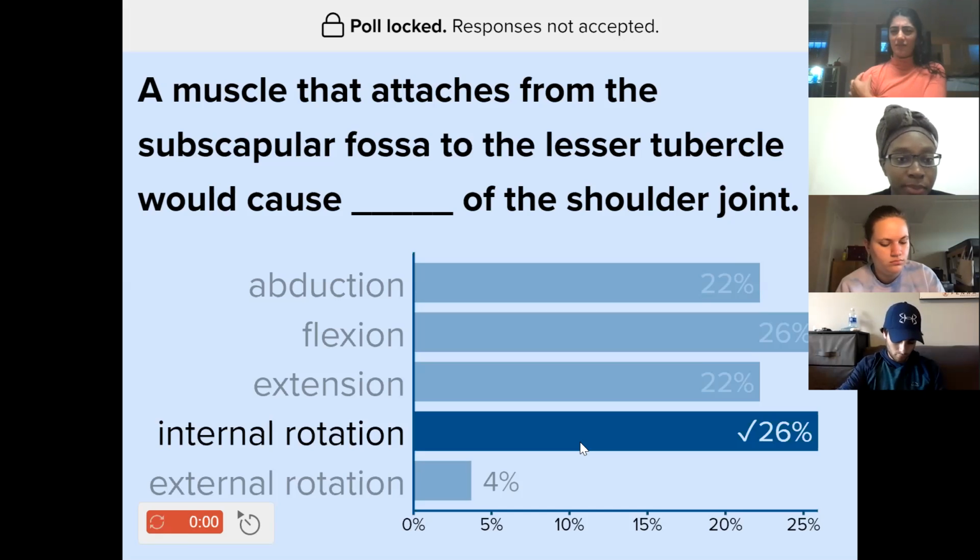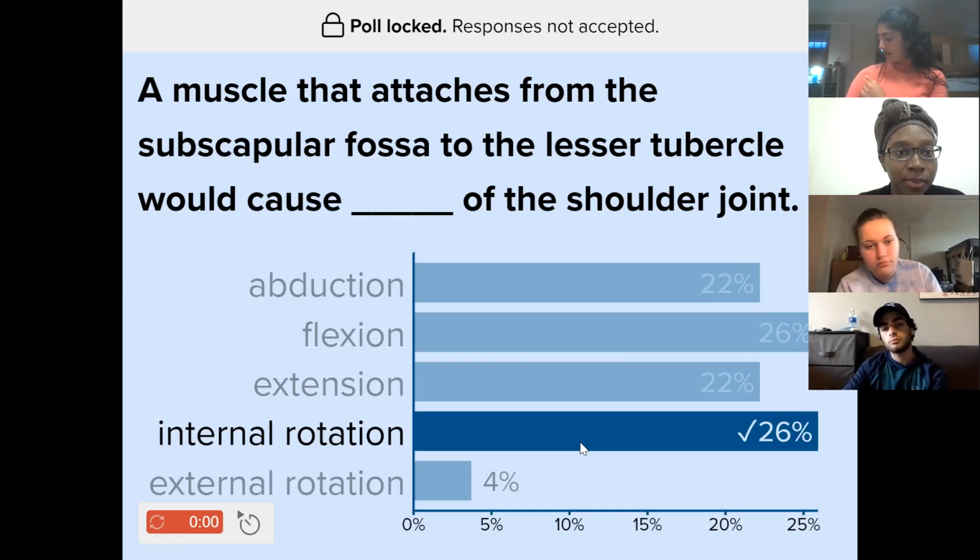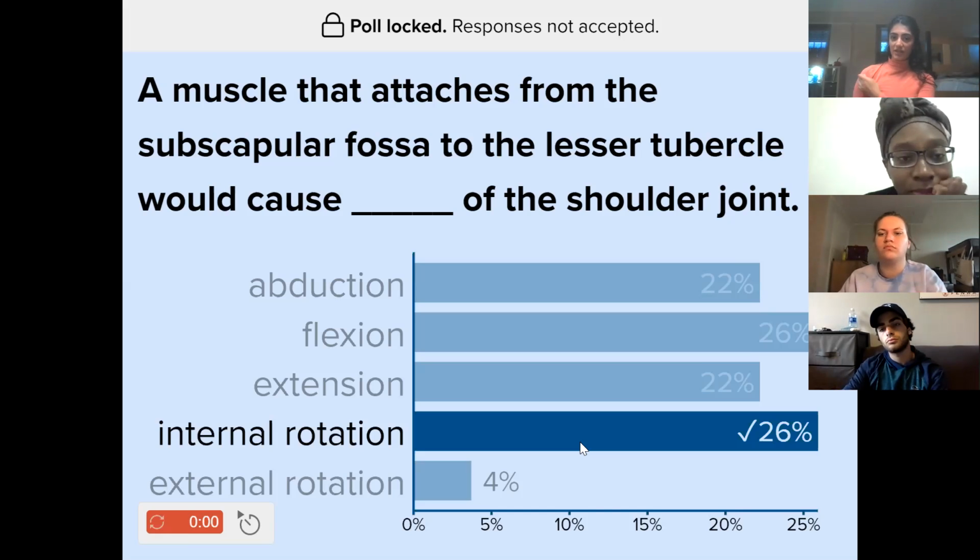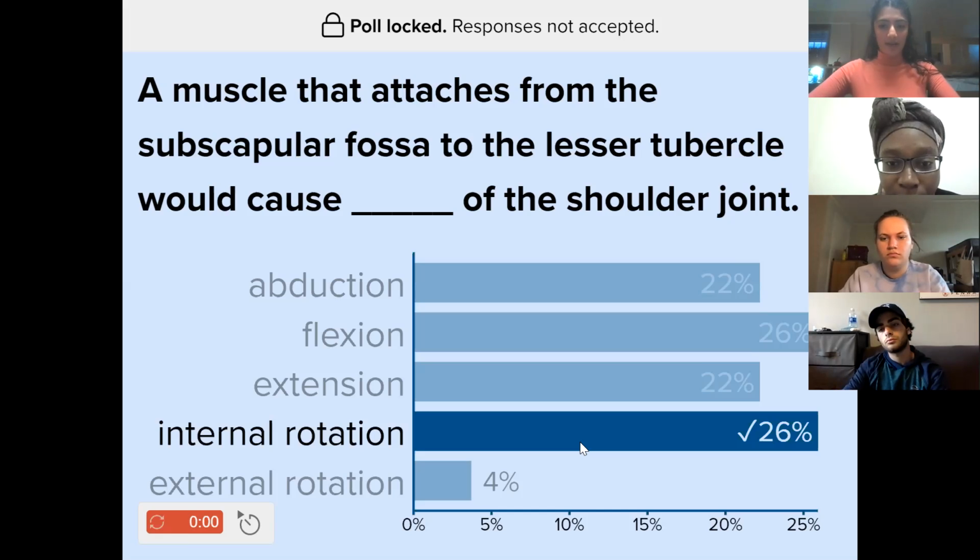They're both on this lateral edge, but it's not the further lateral one. It's the one closer to our medial axis. If we have a muscle from this portion to this portion, drawing a straight line between those two, and we shorten that, you can really feel how shortening this distance would cause internal rotation.